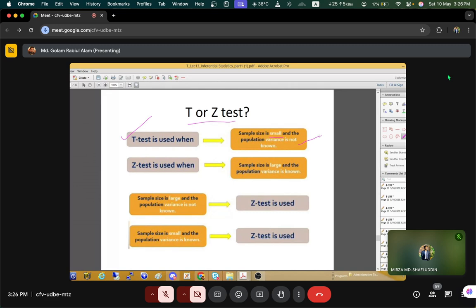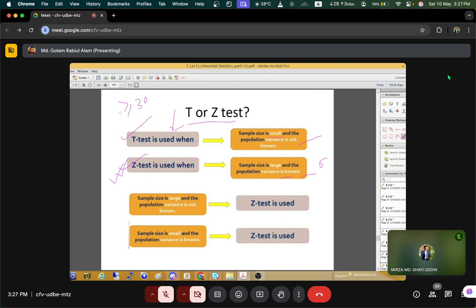The z-test is used when the sample size is large and the population variance, sigma, is known. Otherwise, we use the t-test. A large sample size means greater than or equal to 30.